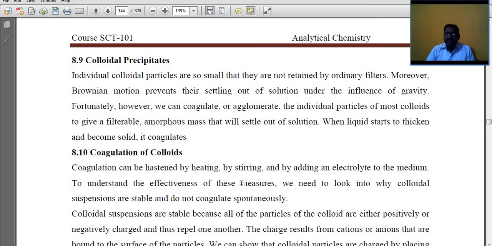Fortunately, however, we can coagulate or agglomerate the individual particles of most colloids to give a filterable amorphous mass that will settle out of the solution. When liquid starts to thicken and becomes solid, it coagulates.